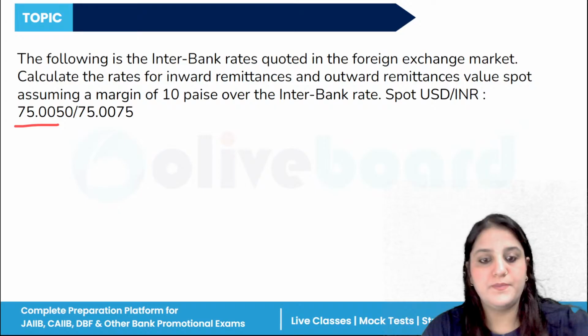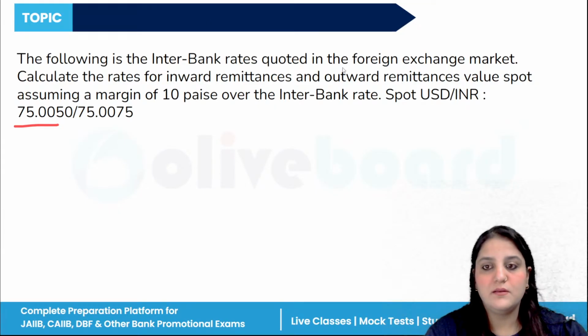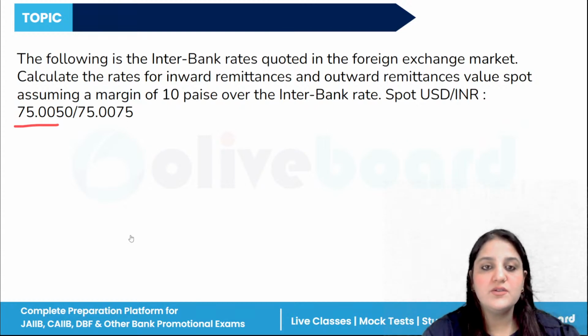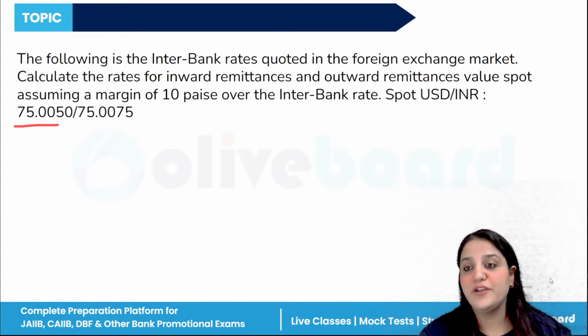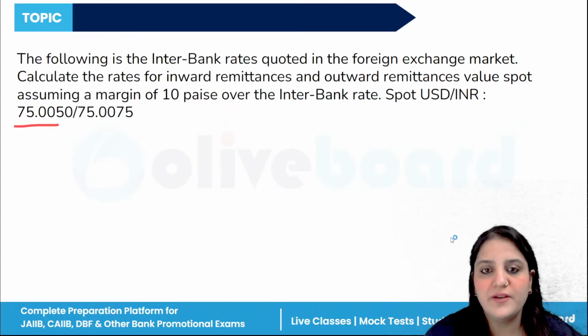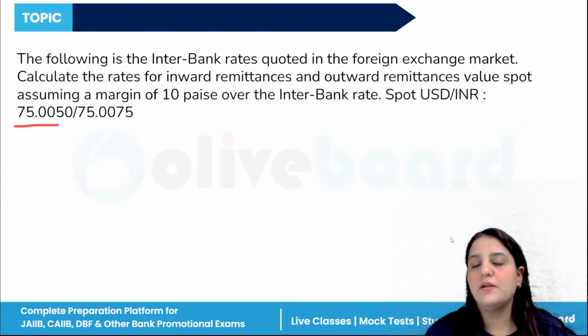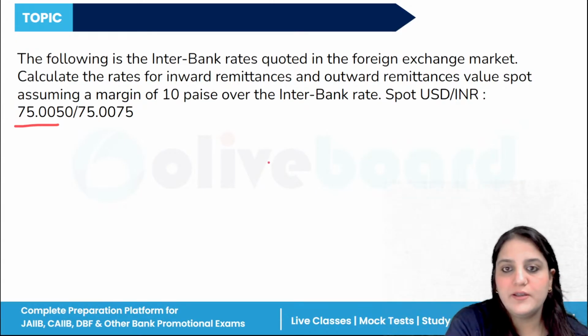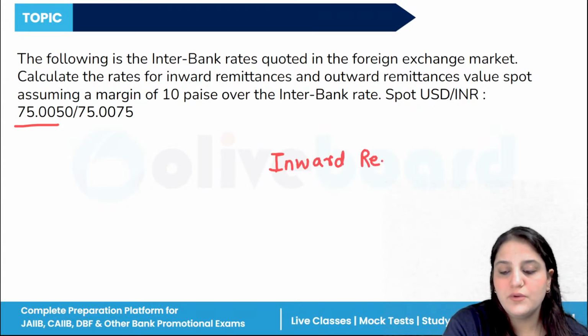Simple. In the case of inward remittance, what will we do? We deduct the margin. So for the inward remittance we are going to deduct the margin.